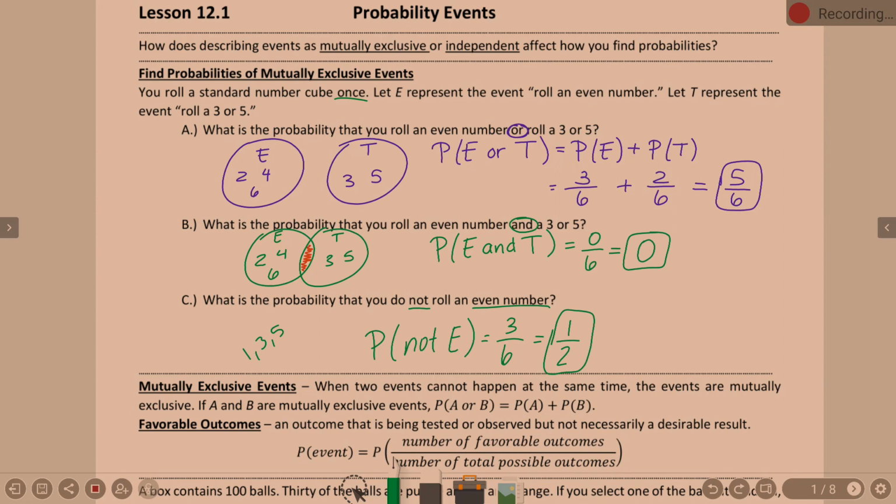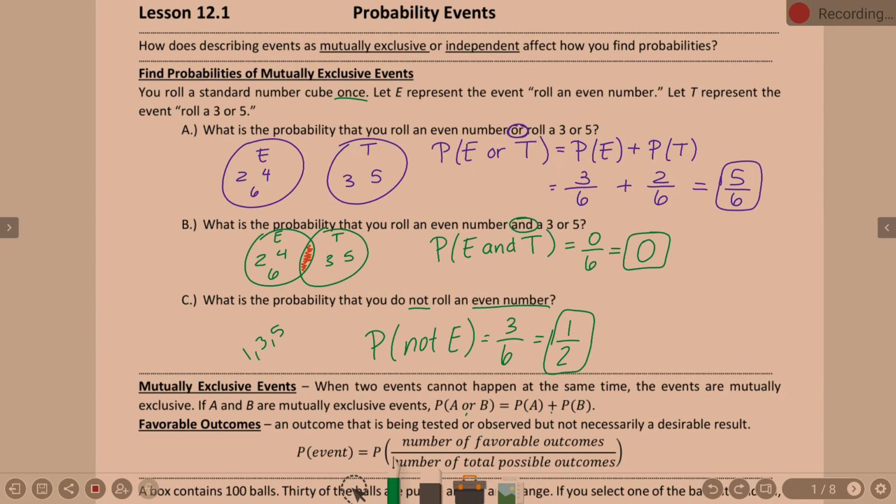Now, a little bit of vocabulary applies to this, so I'll apply it to the next section too. Mutually exclusive events. This is one of our definitions that we need to be familiar with. Mutually exclusive events is when 2 events cannot happen at the same time. If A and B are mutually exclusive, that's when you'll see the probability of A or B, and you are adding them.